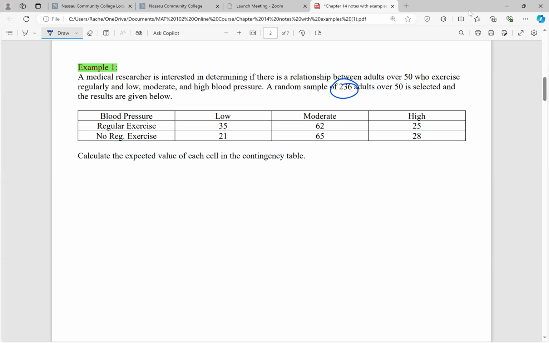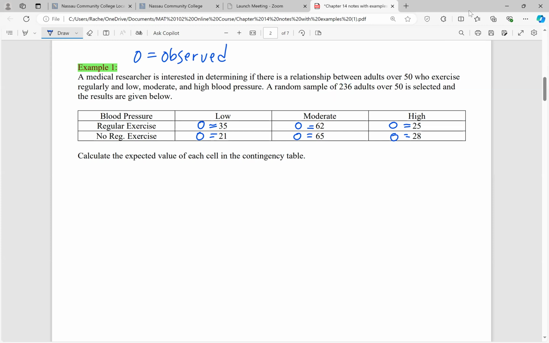So each one of these values in this table is an observed value. So it's what we observed when we sampled and asked everybody what their classification is. So I'm just going to use O for the observed value. So that's what this O stands for.